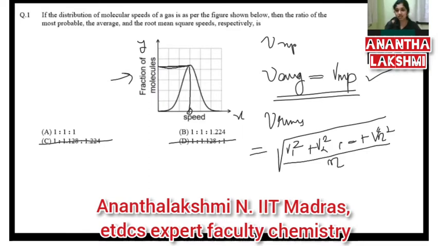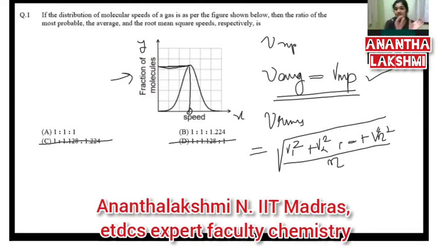Okay, so in that case, we can't really say the mean is the midpoint, right? Why? Because, by math, we know that when we square higher speeds and then add, the more contribution will come from higher numbers. So when you take the average, you won't get exactly the midpoint.